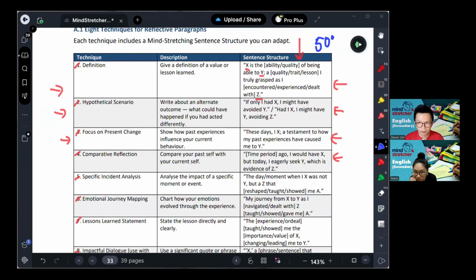Half of your essay can be prepared before you even step into the exam hall. You already have this inside your head, and you say, whatever the topic is, I plug it in. 50% is already done. The introduction, the conclusion, the reflective paragraphs.